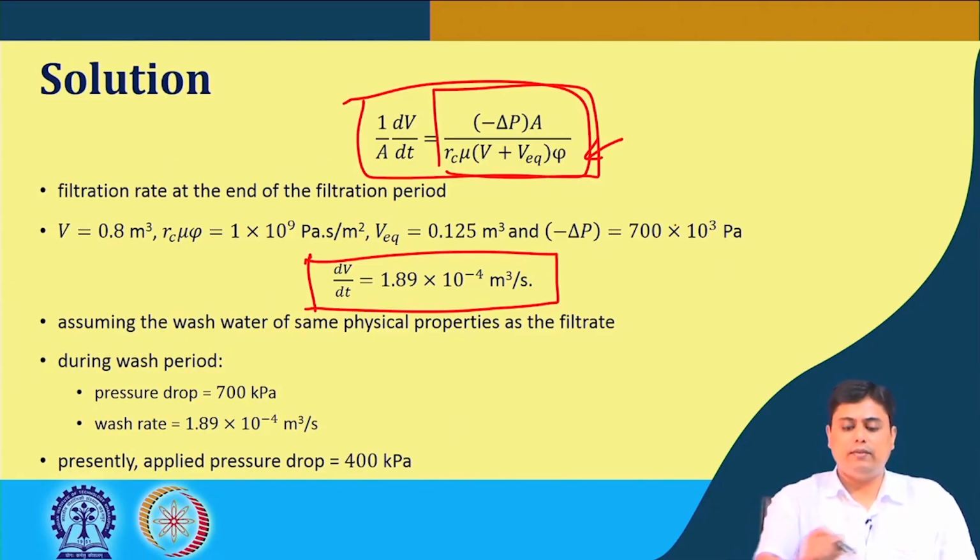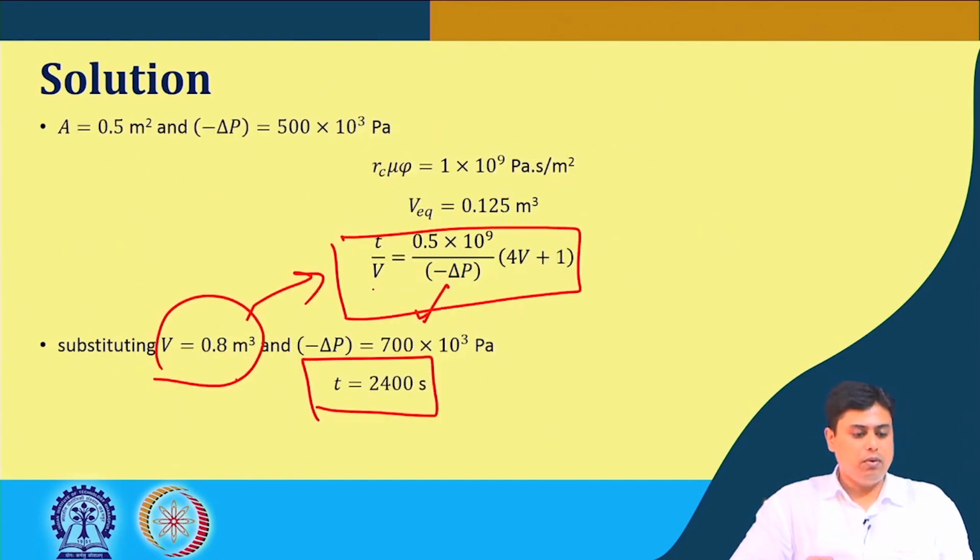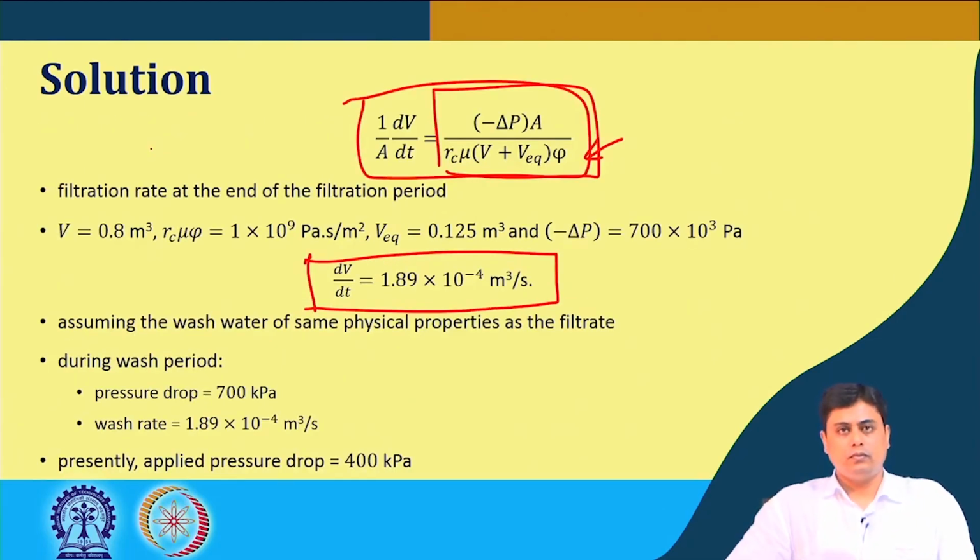Del P is 700 kilopascal, area is known to us, that is 0.5 meter square, and RC, mu, phi are known.